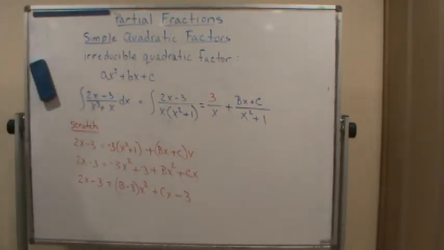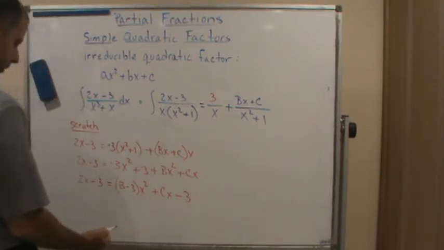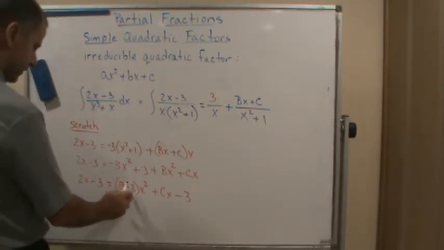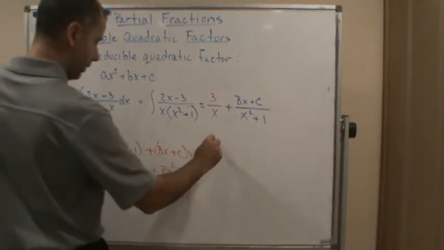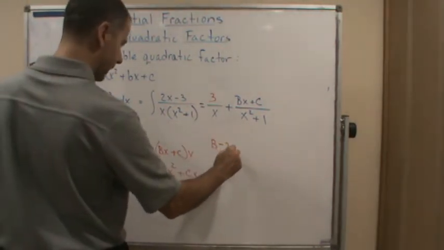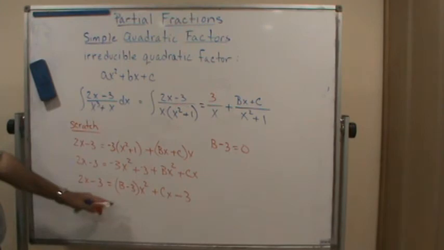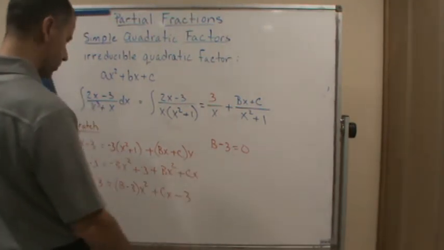Well, guess what? This has to equal 0. So we know b minus 3 equals 0. And we know c has to equal 2.